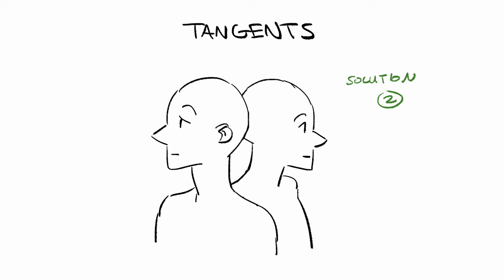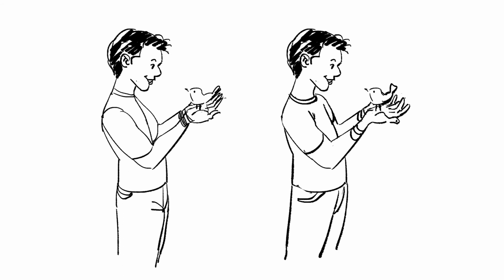So let's move on to another quick example here. In this example, the drawing on the left has a lot of tangents. If you look at it, you'll see a lot of the lines intersecting. Let me highlight them for you.